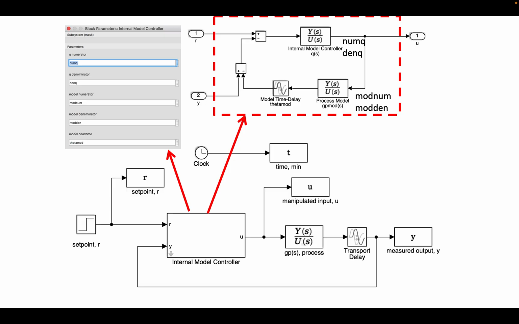All right, so what is inside this internal model controller block is what I showed several slides back, where I've got this internal model controller Q, and I've got the process model and the time delay that's in the process model, and that goes through this signal flow diagram. And so we have our measured output that's being compared with our model predicted output, and that's being sent here.